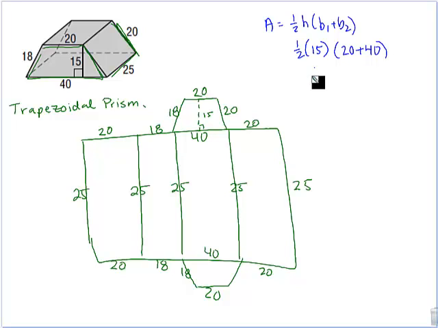That's what I think it is. 450. Okay, so each trapezoid then is 450.